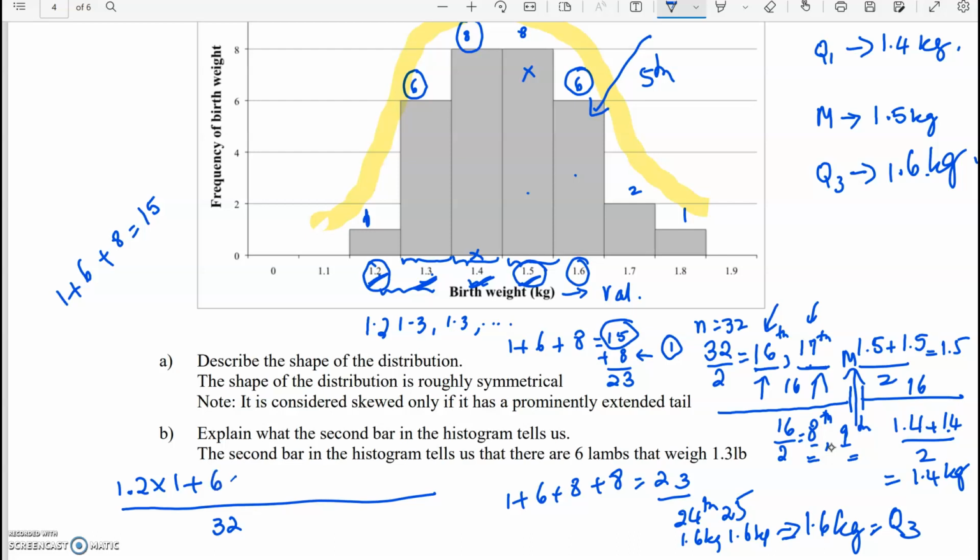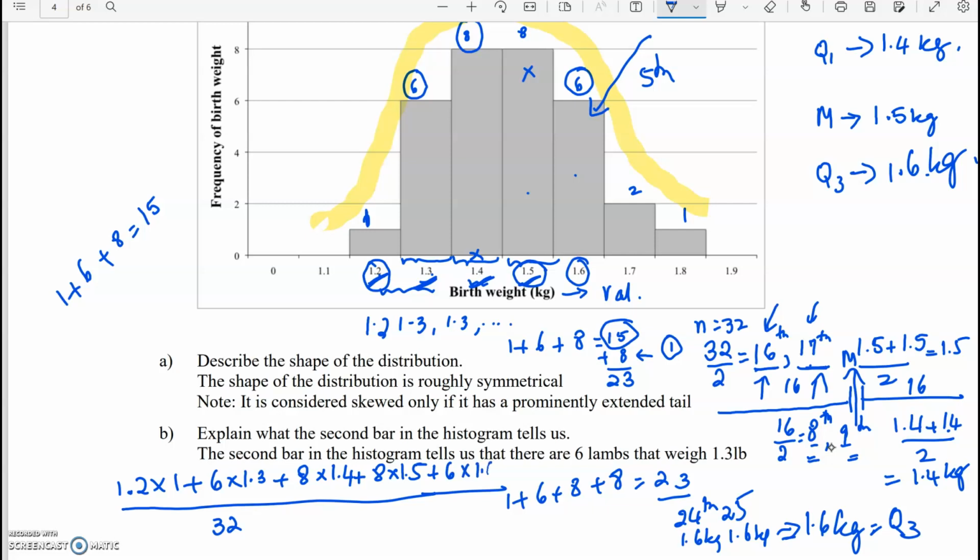There are 6 numbers, each 1.3 kilograms, in the second bar. So we're adding all the numbers in a smart way. There are 8 numbers, each is 1.4, so 8 times 1.4. Plus there are 8 numbers, each is 1.5 kilograms, so 8 times 1.5. There are 6 numbers, each is 1.6.